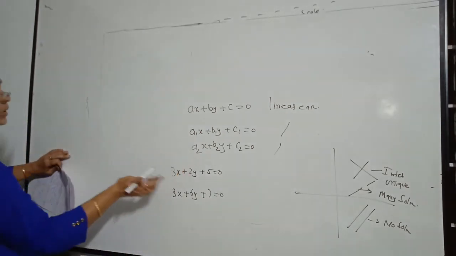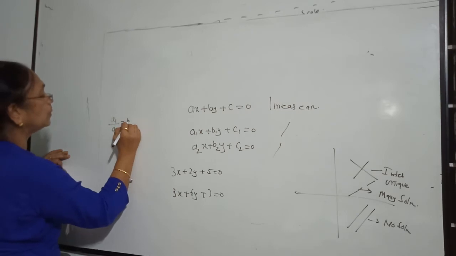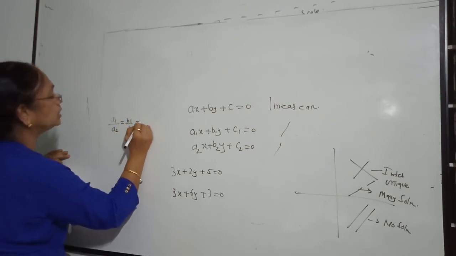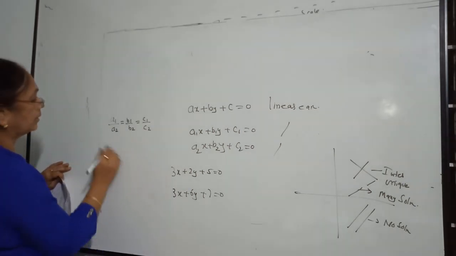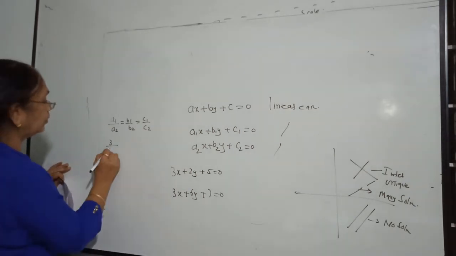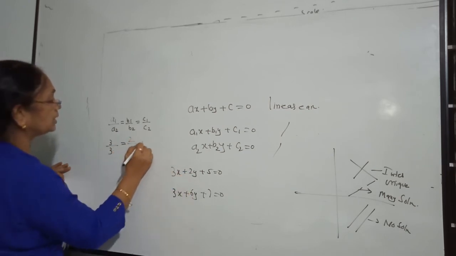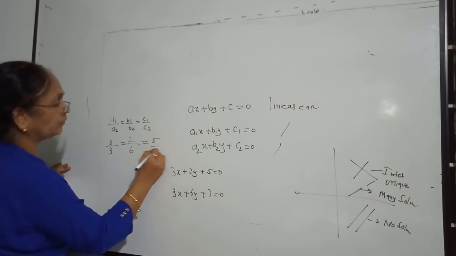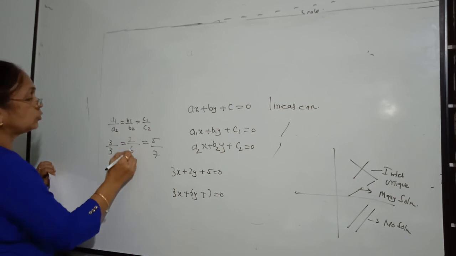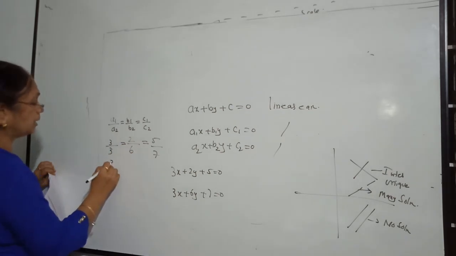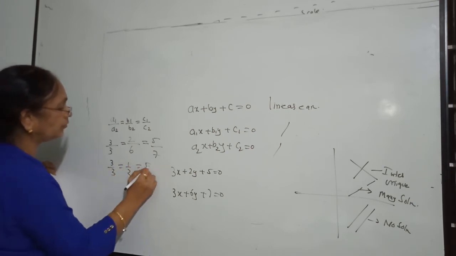Now put these values in a1 by a2 is equal to b1 by b2 is equal to c1 by c2. You have to note down the values: a1 3 by a2 3, b1 2 by b2 6, c1 5 by c2 7. Now which is satisfying? Here 2 by 6 is 1 by 3, and 3 by 3 is 1, and of course 5 by 7.